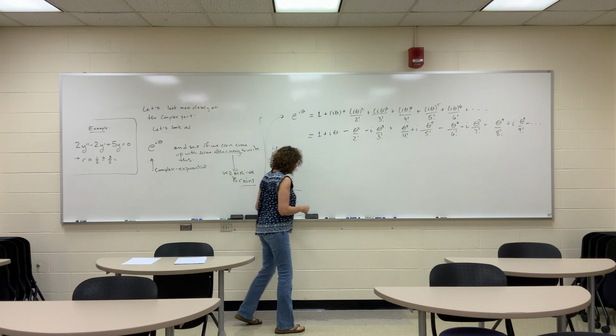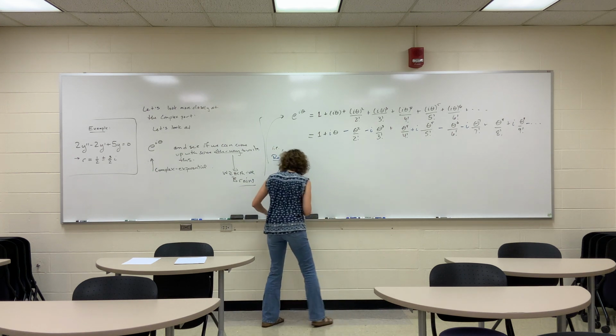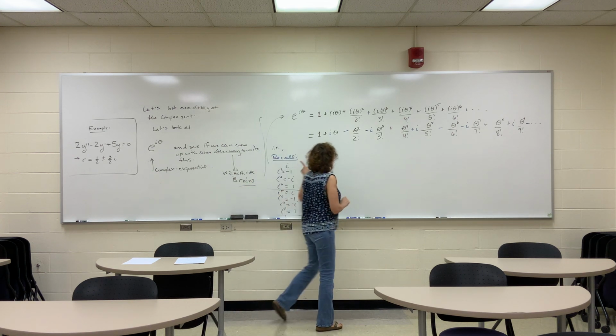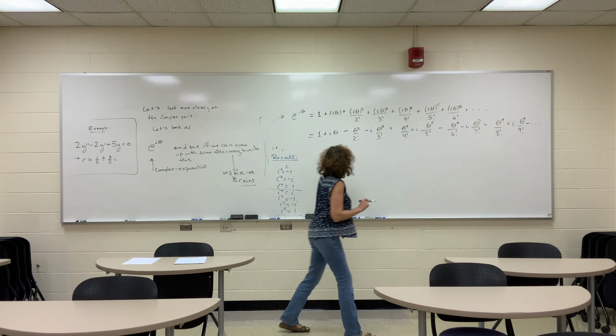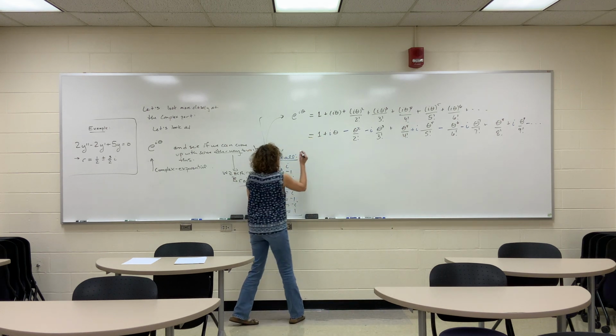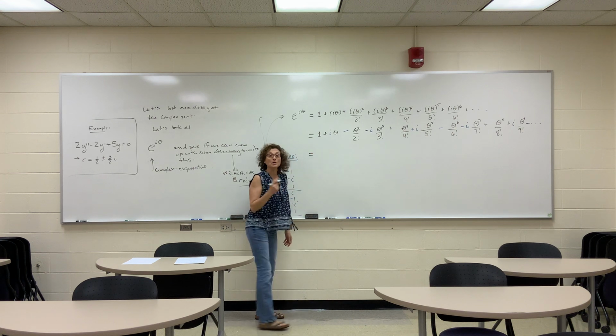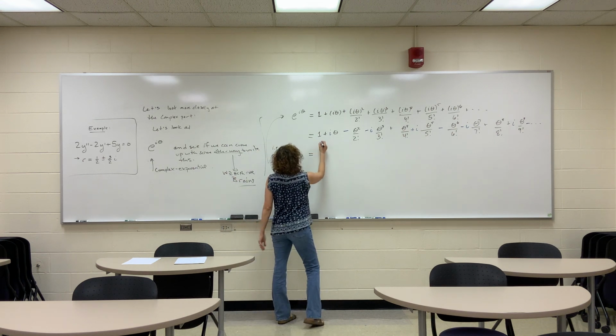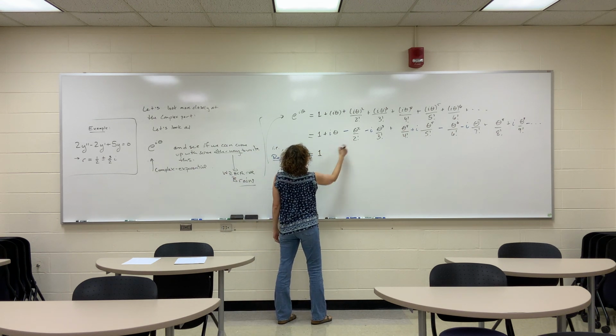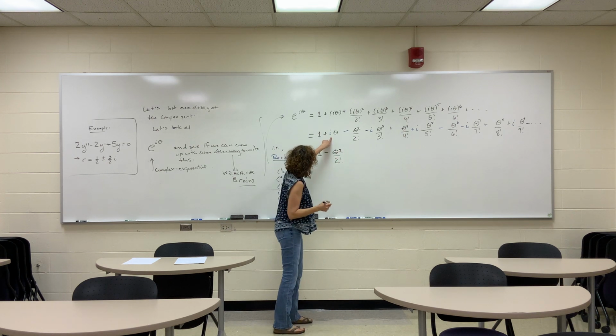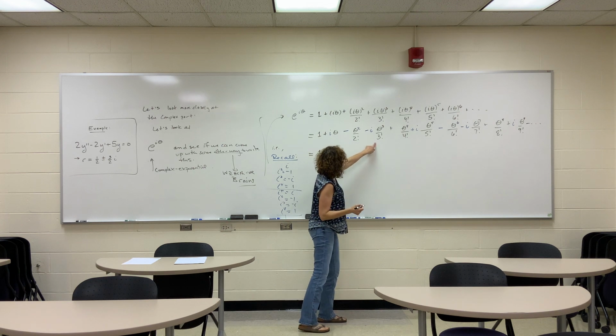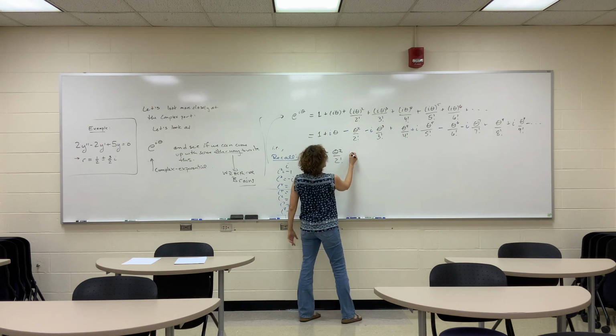Now, let's gather the real part of this expression. That will be everything that doesn't multiply in i. So what do we got? 1 minus theta squared over 2 factorial. Skip this guy, he's got an i. Skip that guy, got an i. Every other one is going to have an i.